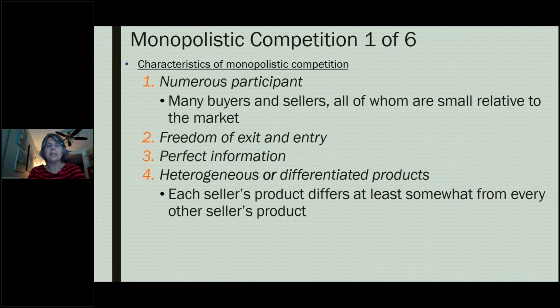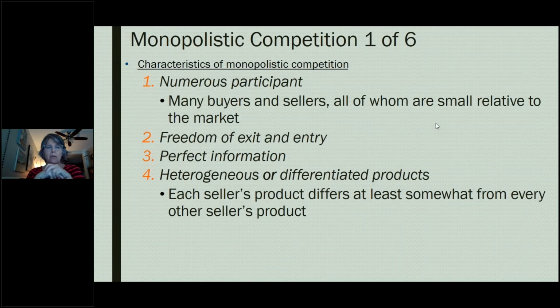The monopolistic competition characteristics are there's many participants, many buyers, and many sellers. Each one of the sellers has a relatively small hold on the market. There's free entry and exit. There's perfect information.